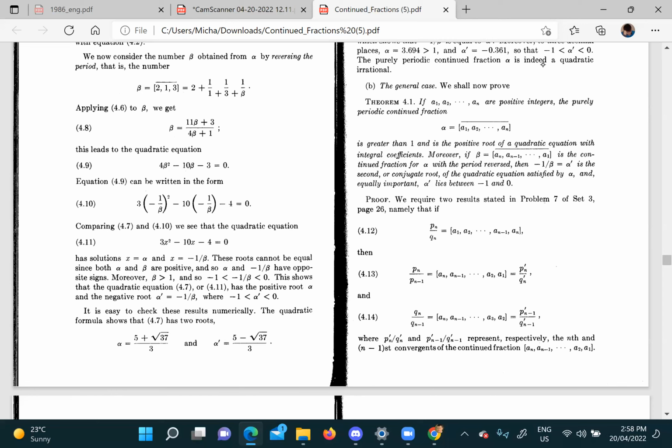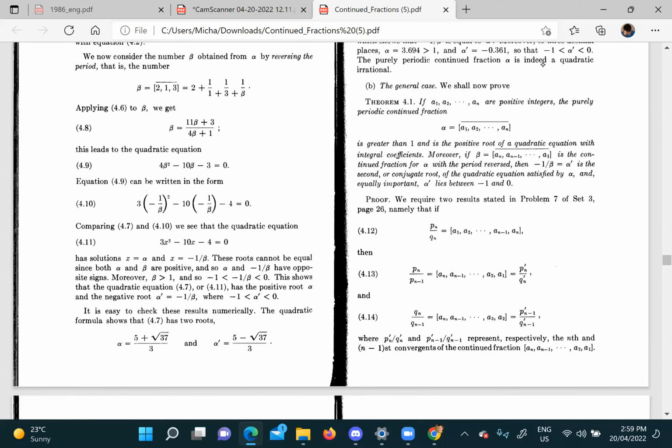You can't have zeros in the middle. So therefore you can't have zeros at the start. So it's a consequence. That's if it's the purely periodic thing. So that means beta has to be greater than 1. So 1 on beta must be less than 1, so negative 1 on beta must be between negative 1 and 0.